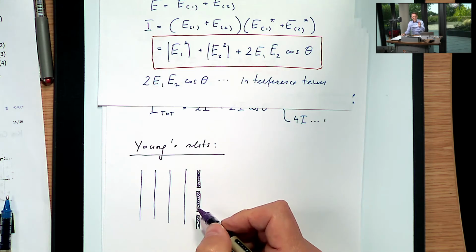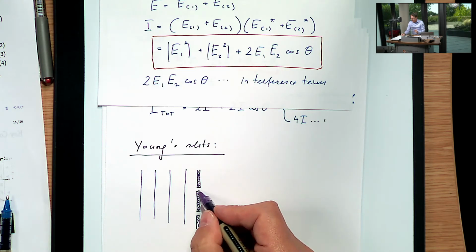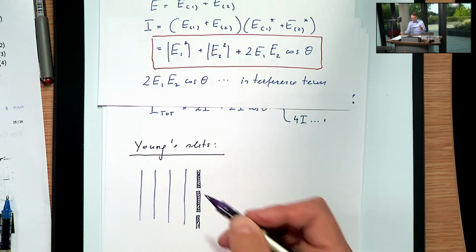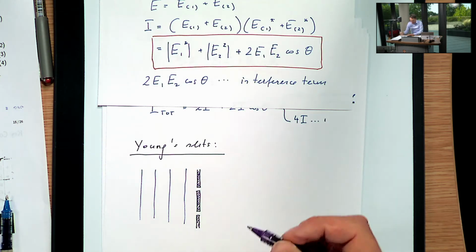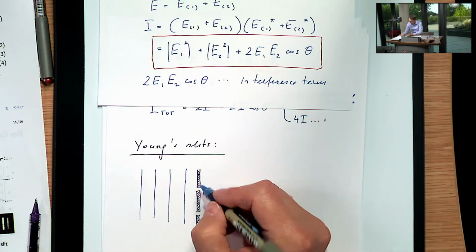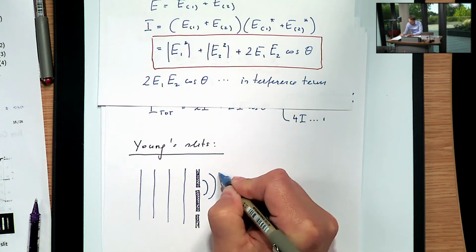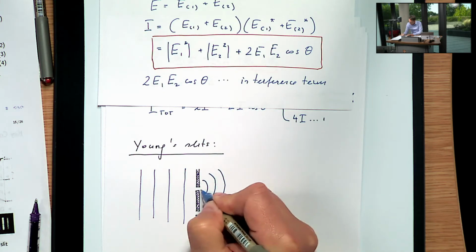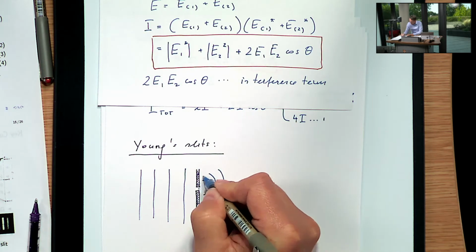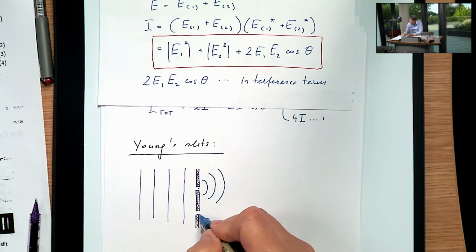So what happens now? After Huygens principle, we get spherical waves emanating from all points inside this aperture. If the aperture is very small, we just get single spherical waves emanating. So here the wavelength is lambda, so this point here will be a point source emitting this spherical wave.